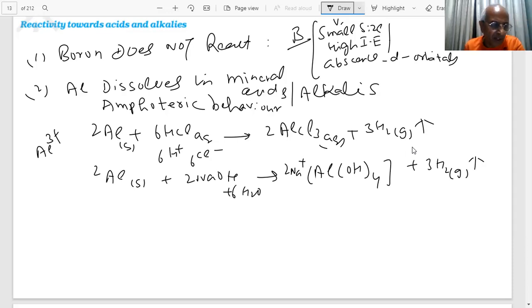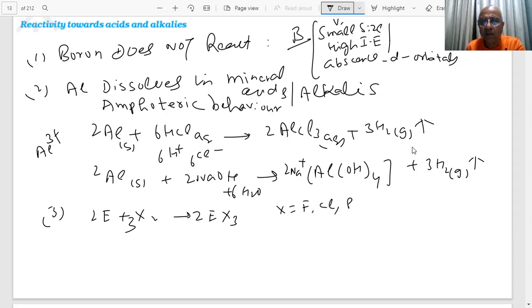So this is important: aluminium will exhibit amphoteric behavior, and these elements can combine with halogens, students, to form trihalides. So then it will be 2EX3 trihalides. X can be F, Cl, Br, I. Okay.